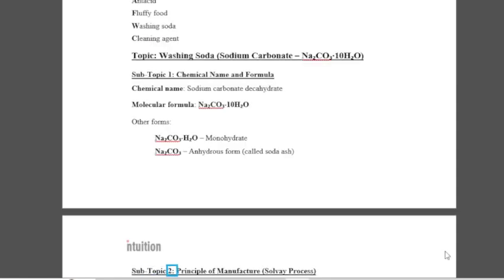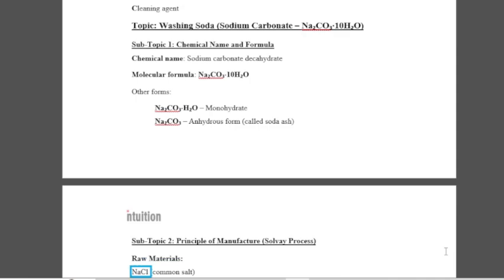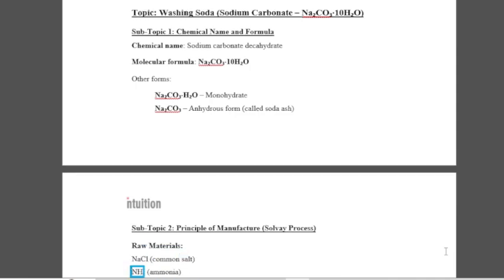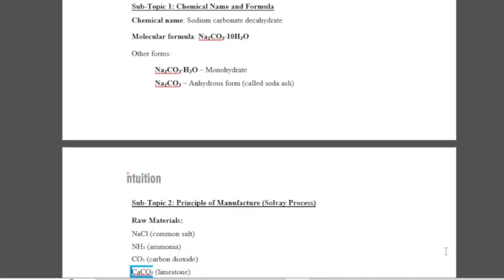Subtopic 2. Principle of manufacture. Solvay process. Raw materials: NaCl, common salt, NH₃, ammonia, CO₂, carbon dioxide, and CaCO₃, limestone.